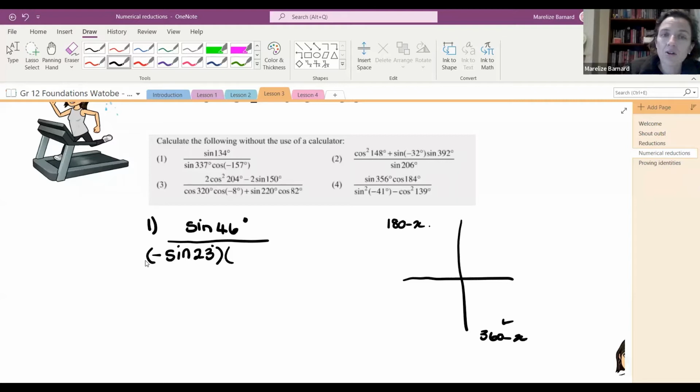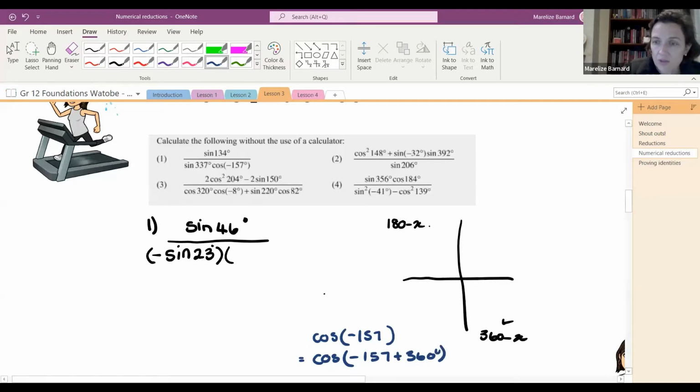Okay, now cos of negative 157. And I'm going to do cos of negative 157 just over here as a little bit of an aside note. The best thing to do with these negative angles is to add 360 degrees to it.